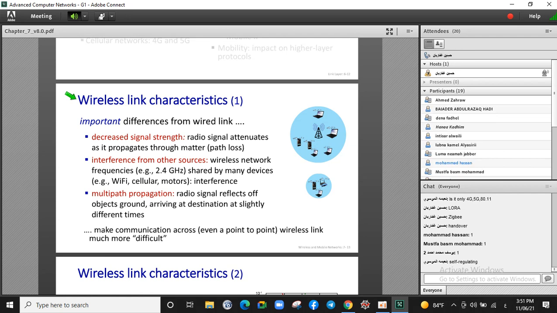When I'm talking about a wireless network, the question is this: what is the difference between a wireless link and a wired link? What are the main or important differences between them?